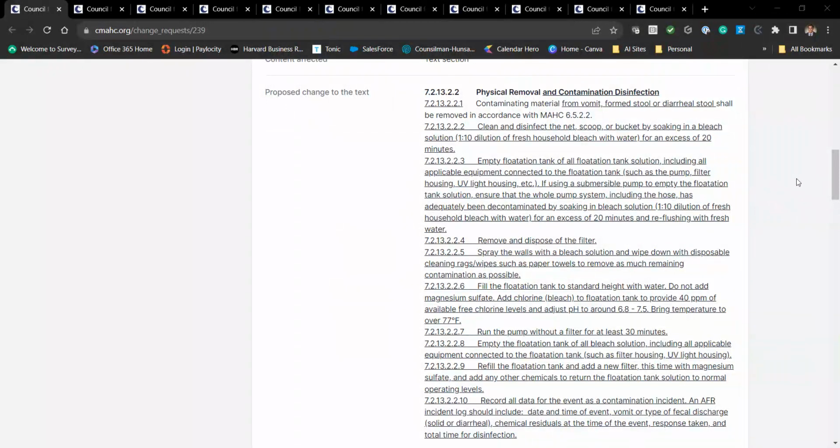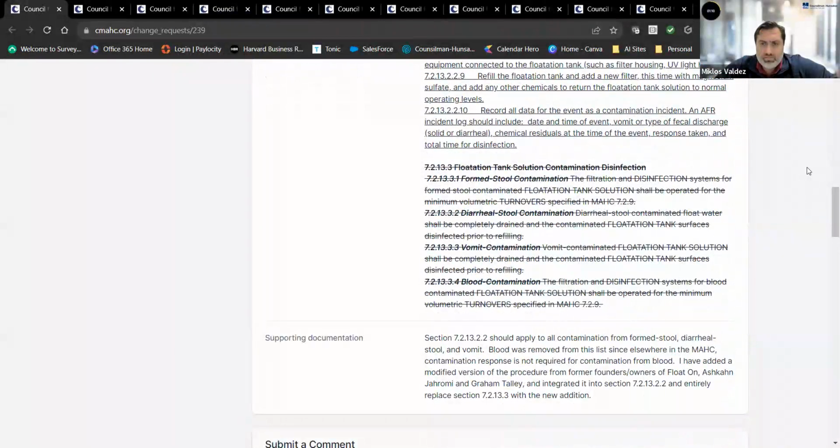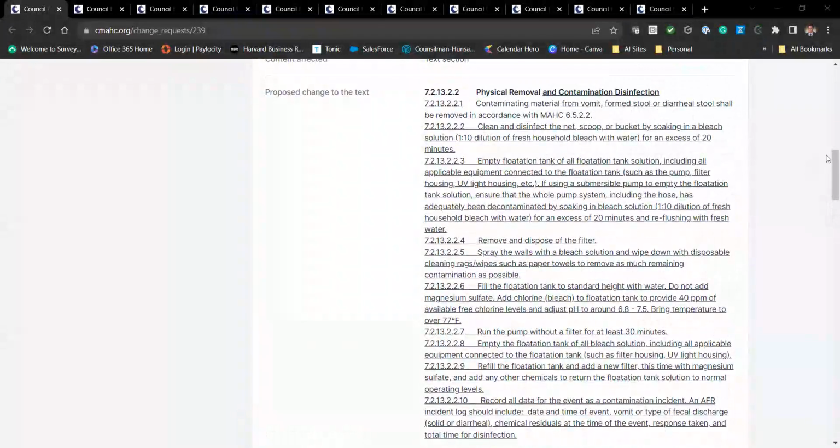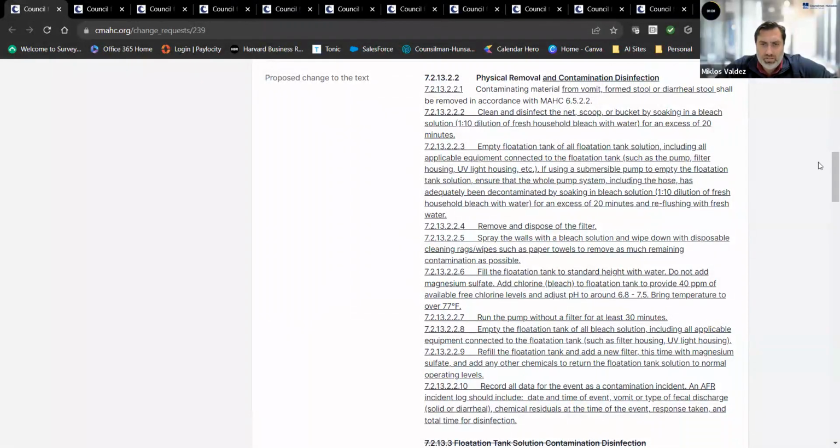So instead of 7213221, that would be 1 parenthesis. And that'll continue on through the whole protocol. Yeah, that'd be nicer. I see. So just number these steps as 1, 2, 3 instead of code sections. Correct. They'd probably read a lot easier that way. Yeah.